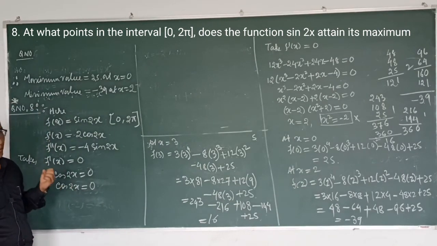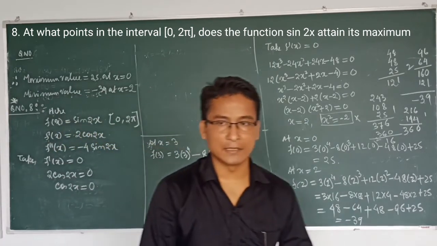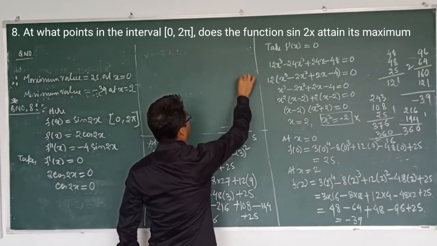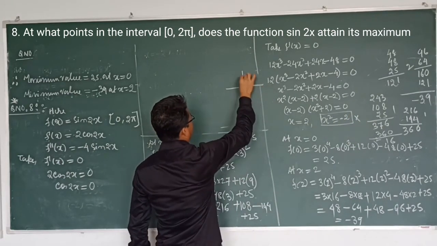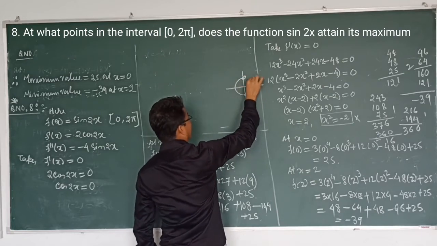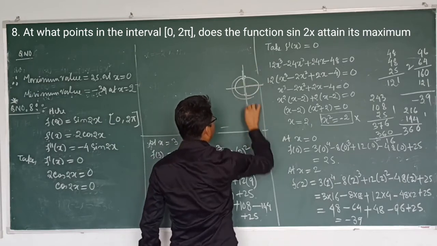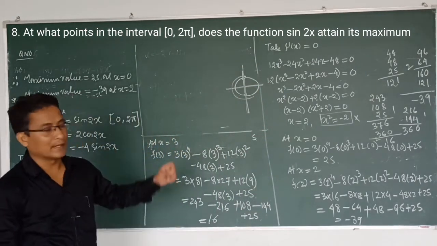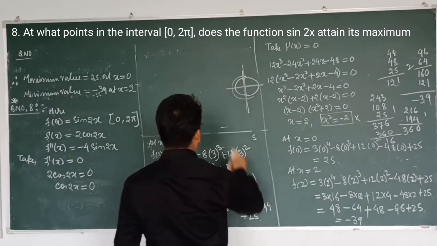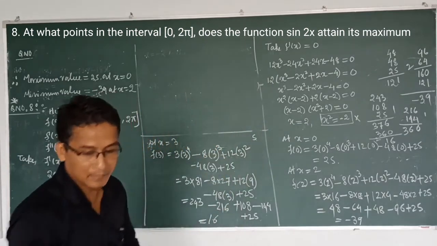The value of cos is 0 at 90 degrees, 270 degrees. Making a circle, at the y-axis line we get the value of cos as 0. Then how do we write the value of x at that line? Let's see.